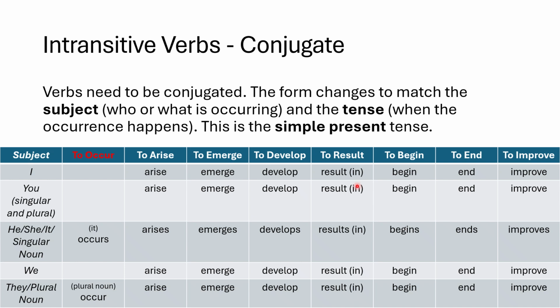I result in. You result in. He results in. She results in. It results in. We result in. They result in. I begin. You begin. He begins. She begins. It begins. We begin. They begin.